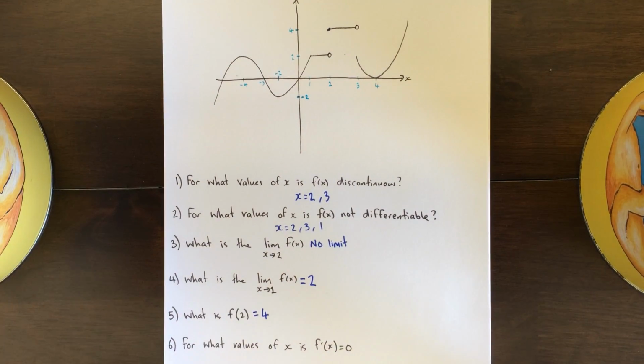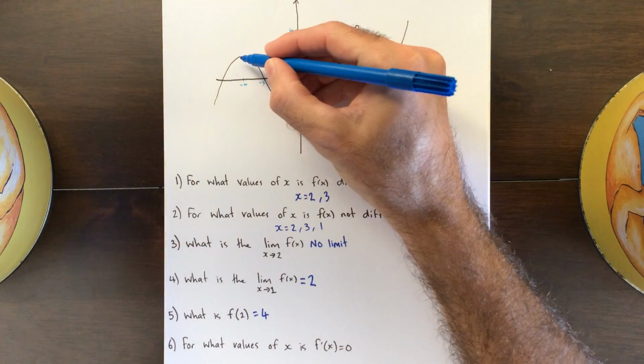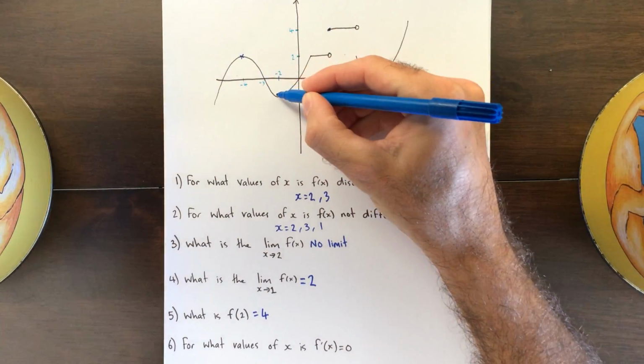And lastly, this is a good question for what you guys were looking at the other day for turning points. So for what values of x is the gradient 0? F dash of x is our gradient. What values of x is the gradient 0? So remember, turning points have a gradient of 0.